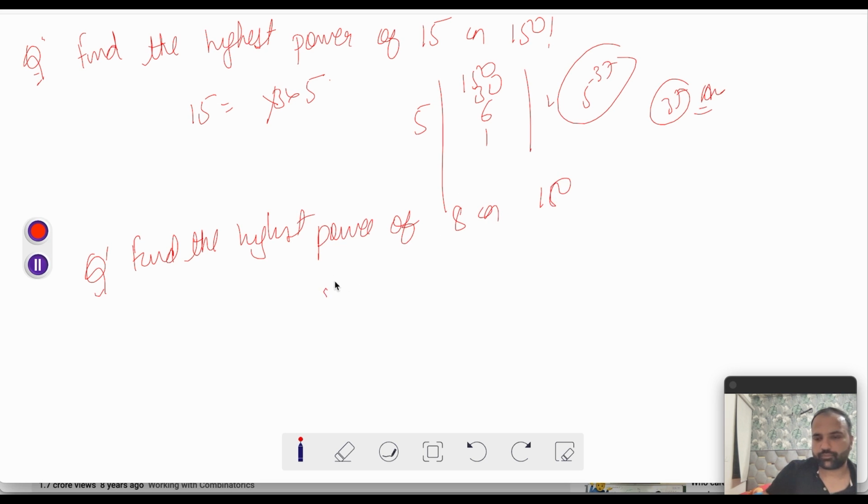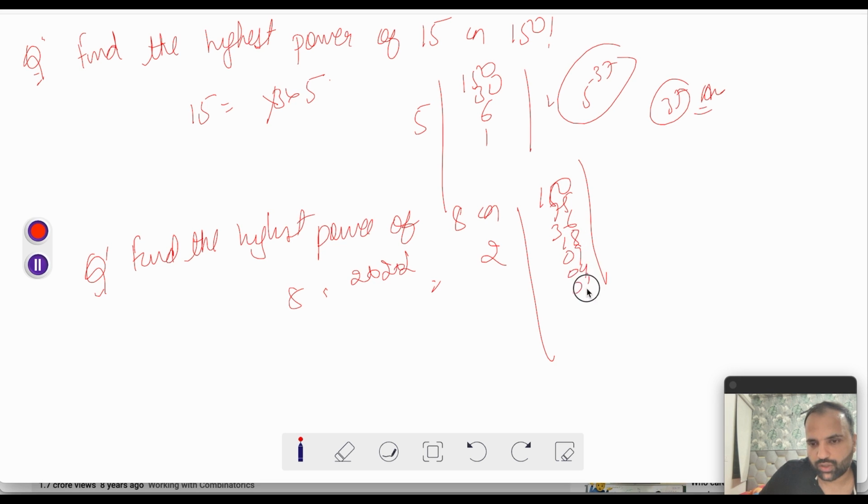So again, what can we write 8 as? 2 into 2 into 2, so it's 2 cube. So we start with 2, 150, so we have 75, 37, 18, 9, 4, 2, 1.